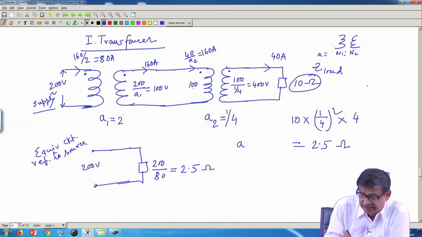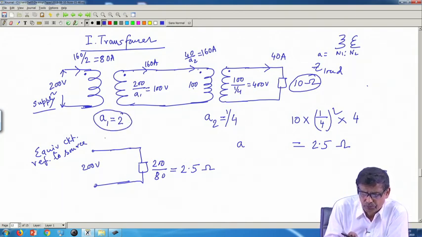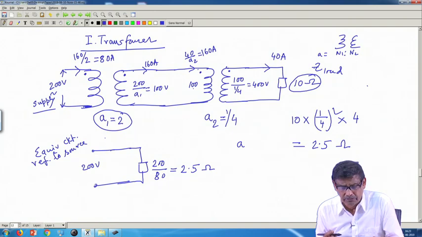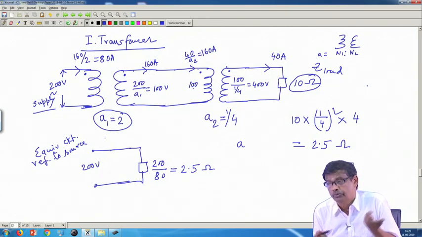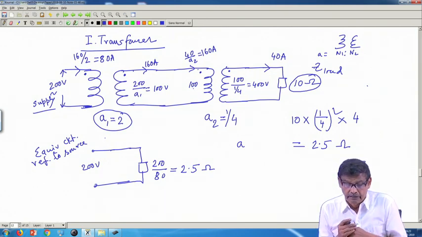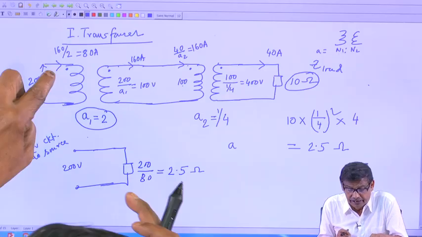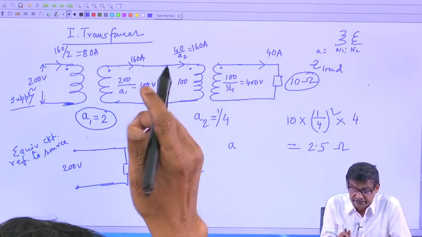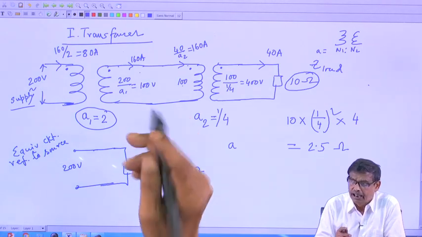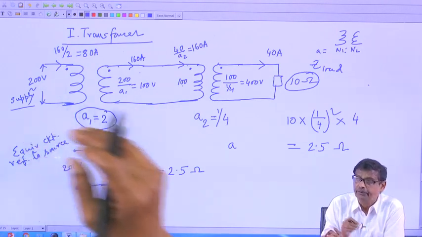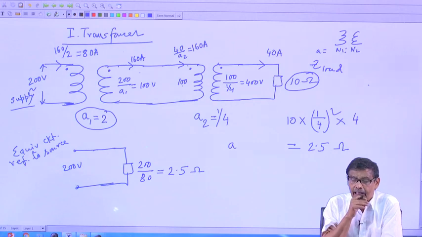For example, take this transformer. Turns ratio is 2, 200 volt. LV side voltage will be lower and A is greater than 1. So, you have to divide it by 2. And if you know this side current, which is LV side, I know which one is LV, which one is HV, and I am telling you LV side current is always higher.